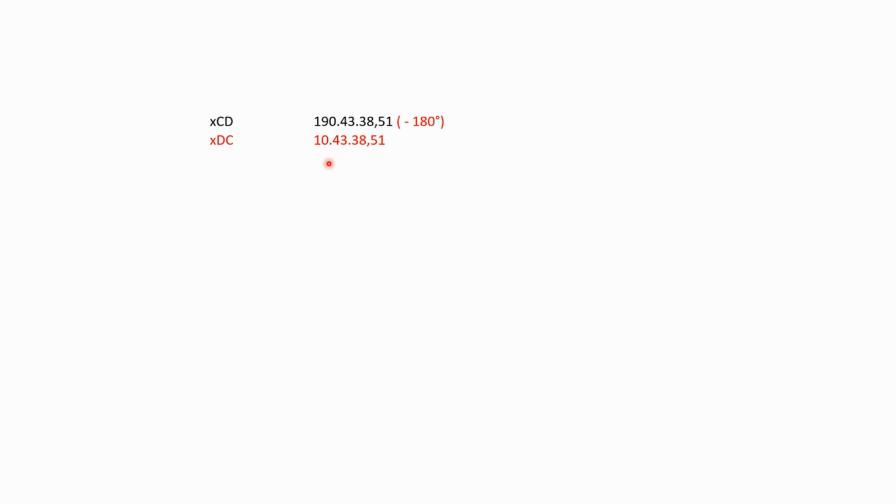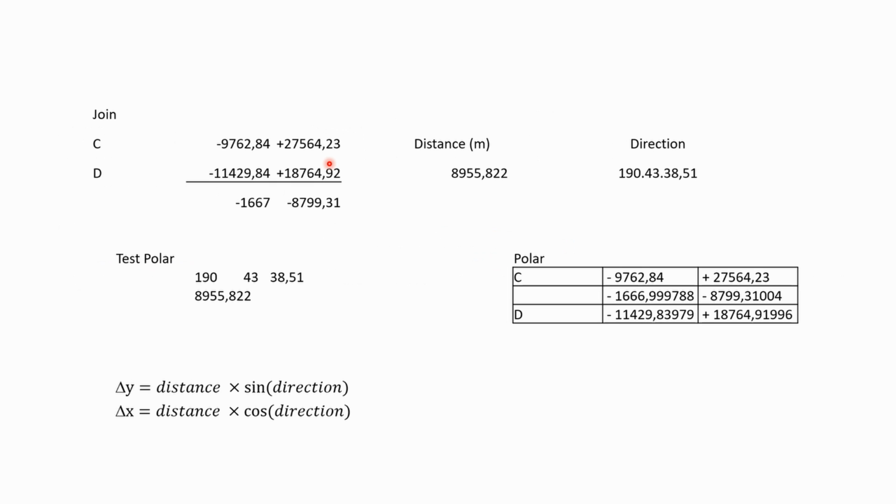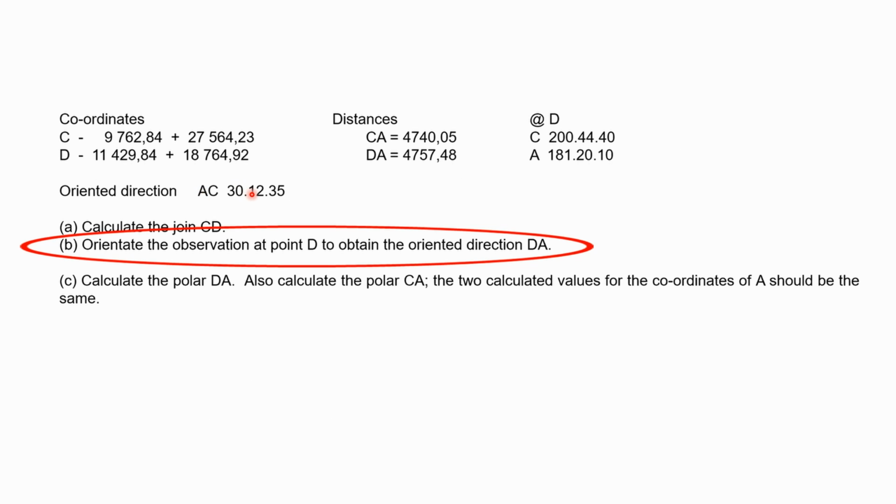If we go back to our example, our second question will be to orientate the observation at D to obtain the orientated direction dA. At D we have D to C and D to A. So we want to take this 181, 20, 10 and orientate it so that it's correct.